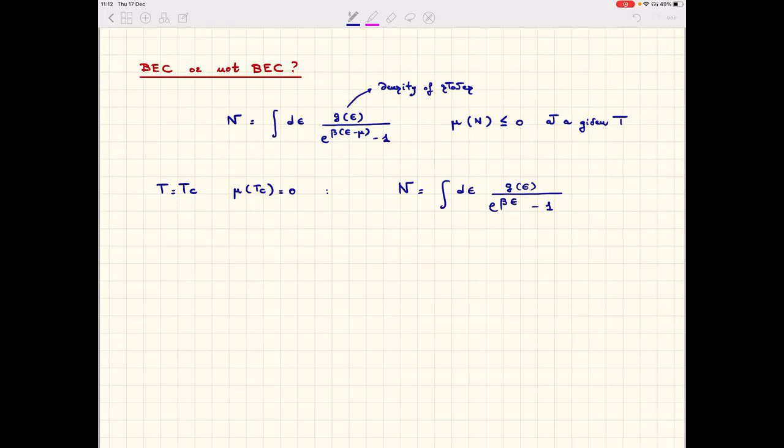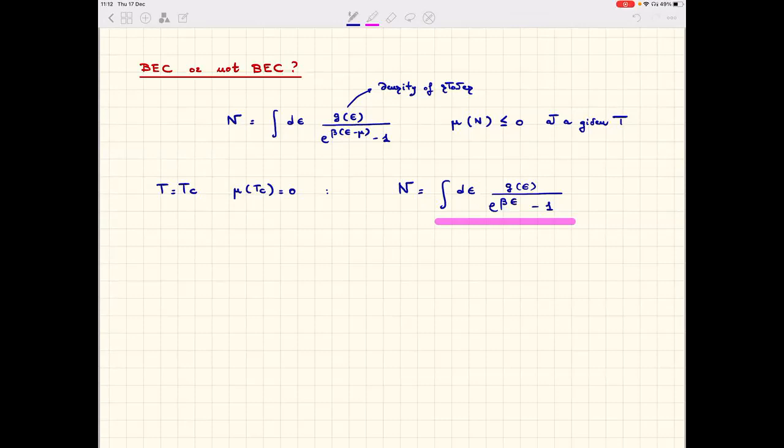Now, if the integral here is a convergent integral, then you will find a finite temperature, and therefore you say, well, the system has Bose-Einstein condensation. If for some reason, because the density of states is peculiar or whatever, you find on the right-hand side an integral that is divergent, then you will say, okay, my critical temperature is equal to 0. There is no Bose-Einstein condensation whatsoever. And the system is never displaying Bose-Einstein condensation.